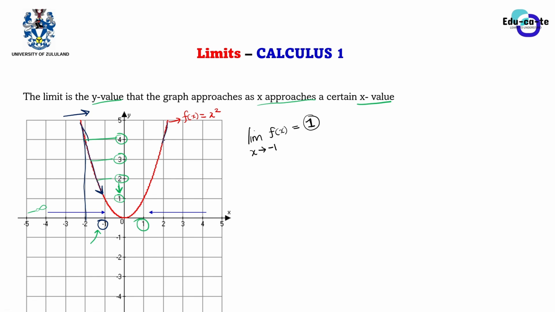So maybe the function value here, you can see that this is x equals 2, y equals 4. So this is a coordinate. And then now you are moving towards x equals 1. On the function, you are moving towards x equals 1. So you are approaching x equals +1.